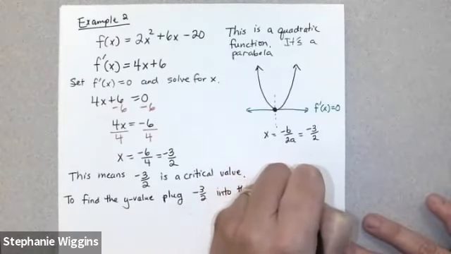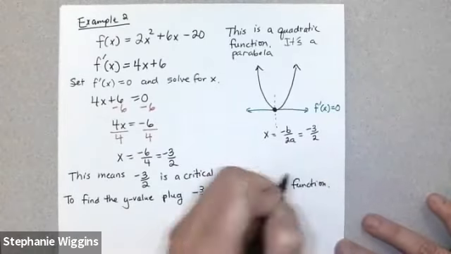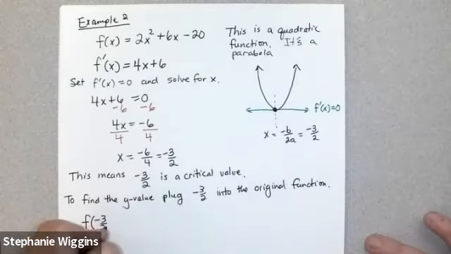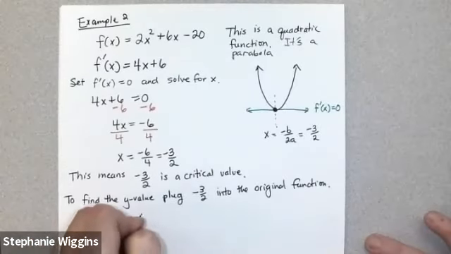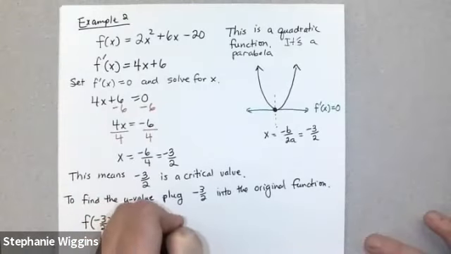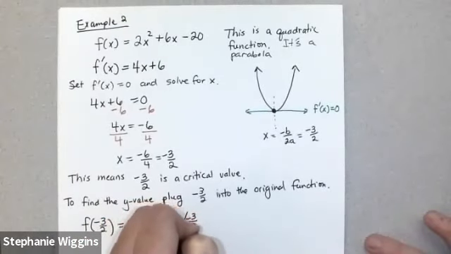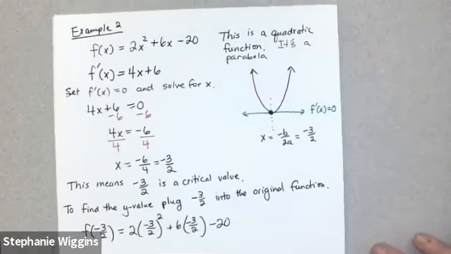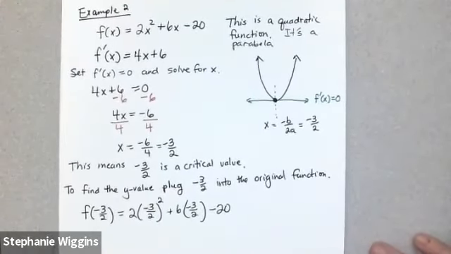So I'm going to do that. So f of -3/2 equals 2 times -3/2 squared plus 6 times -3/2 minus 20. Okay? Any questions so far? See what I'm doing?